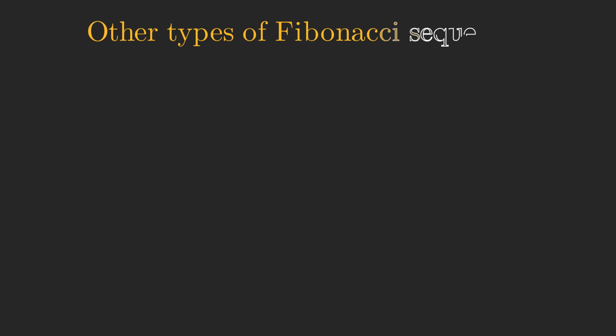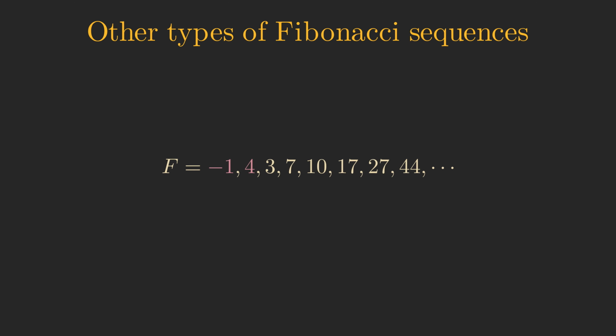Okay, we're basically done. I just want to point out that there are other forms of the Fibonacci sequence. In the rabbit problem, we start the sequence with 1, 1, and then the rest of the sequence is determined by the relation. We call those two elements in the start the starting conditions. By changing these starting conditions, we change the entire sequence. For example, we can start with 0, 1, or maybe -1, 4, or wherever you want.